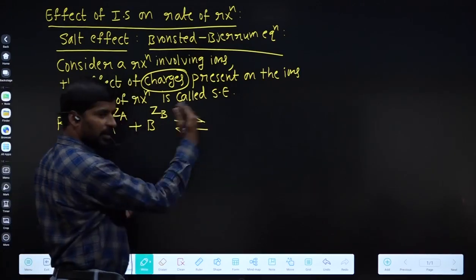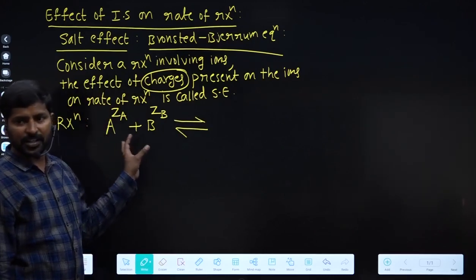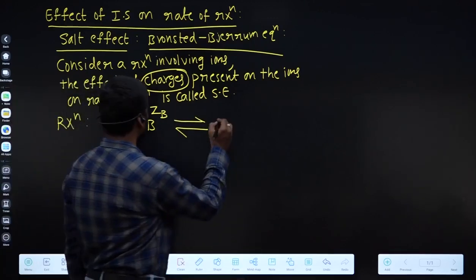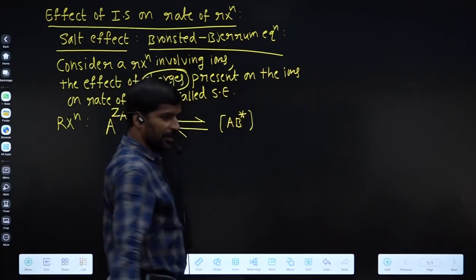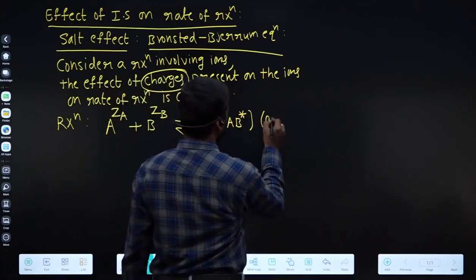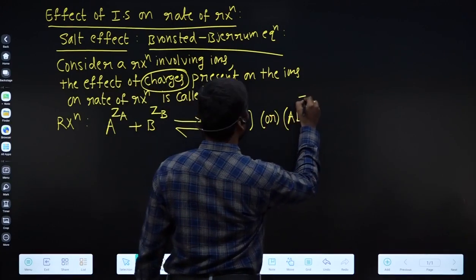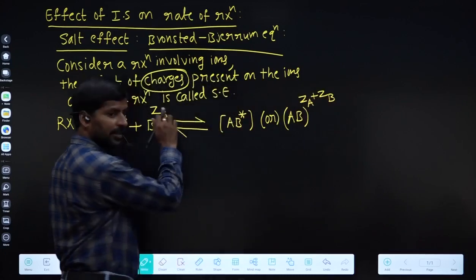Reactants are not directly converted to products according to transition state theory. Initially they form a high energy species, the activated complex. So let us consider this is the activated complex formed, AB star. What is the net charge on the activated complex? The net charge is ZA plus ZB.